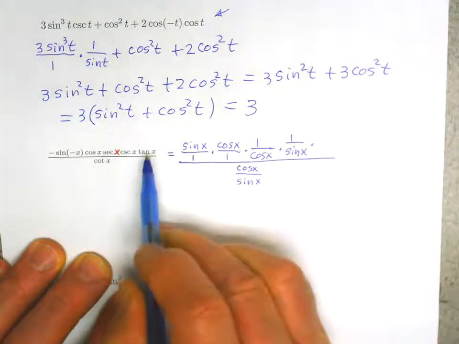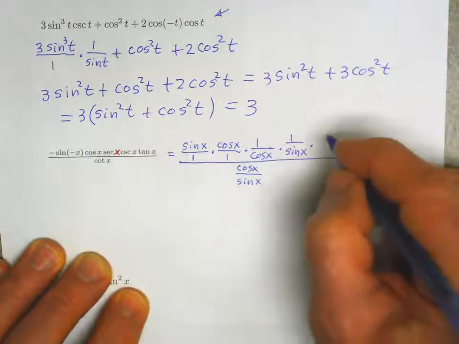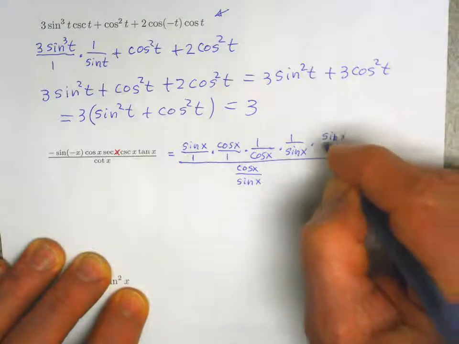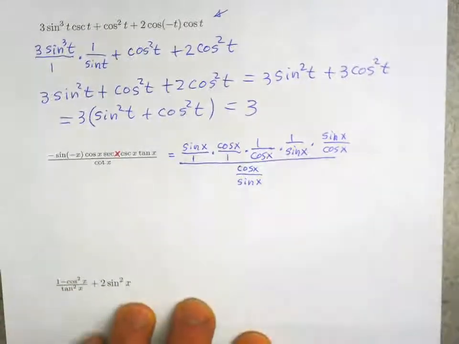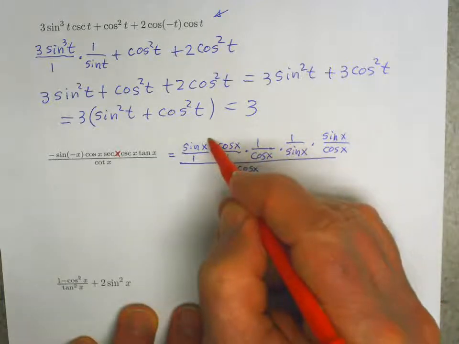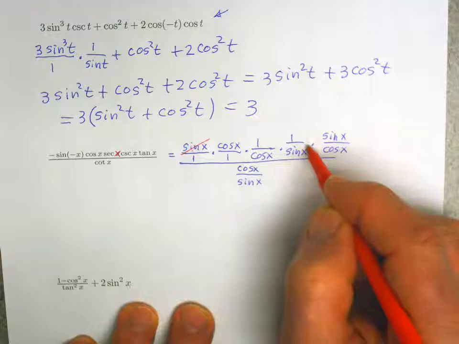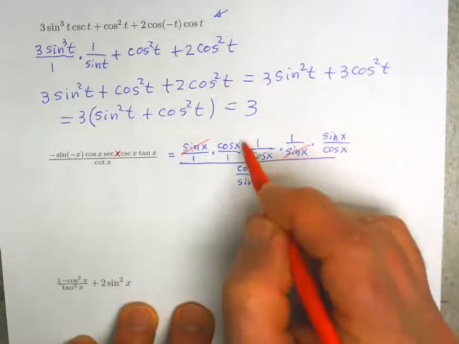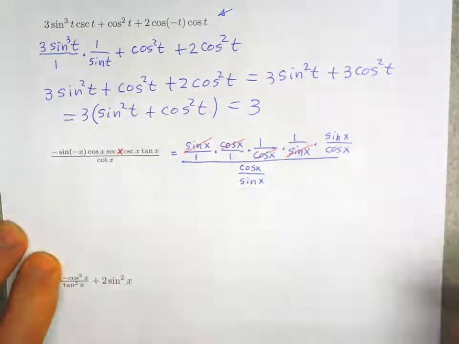And then we'll multiply that by, instead of tangent of x, I'll write sine of x over cosine of x. Okay, we get a bunch of cancellations. This factor of sine of x from this numerator cancels with this one from the denominator, and also cosine of x divided by cosine of x, those cancel.